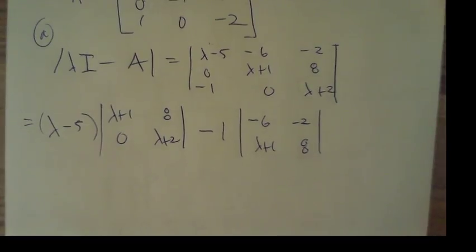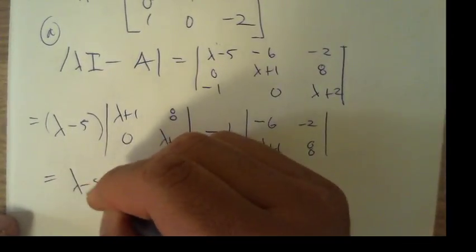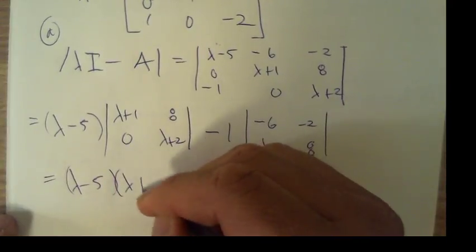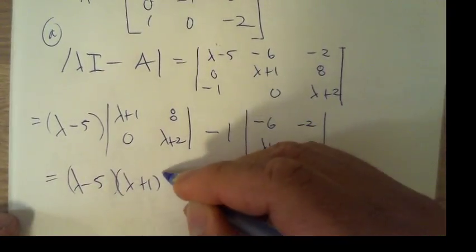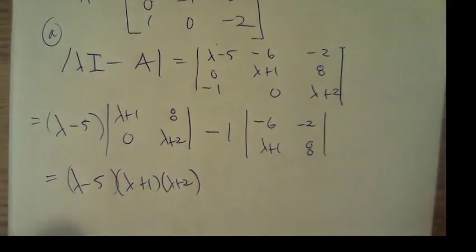Okay, and then from here, we'll get lambda minus 5, lambda plus 1, lambda plus 2.